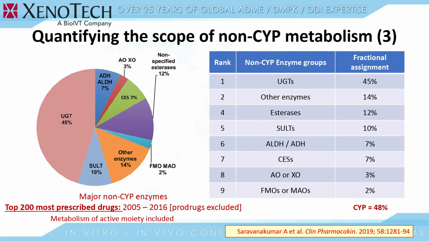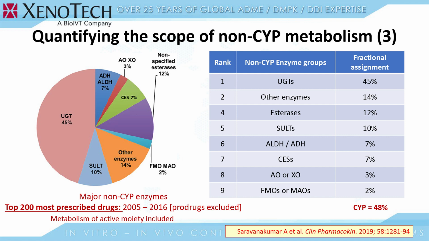Now, another way to take a look at these data is to rank the top 200 most prescribed drugs. Again, this analysis is excluding prodrugs and is also looking at the metabolism of the active moiety of the top 200 prescribed drugs.